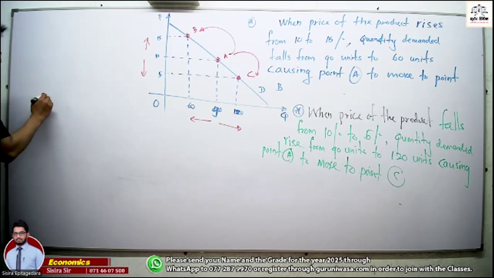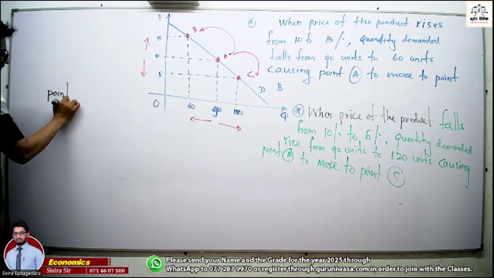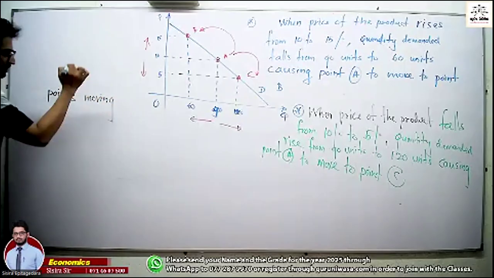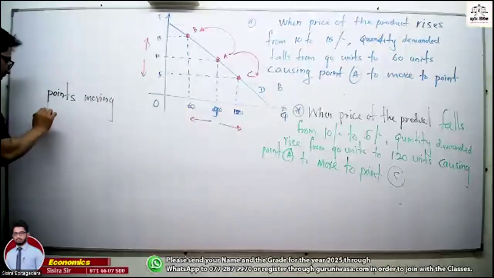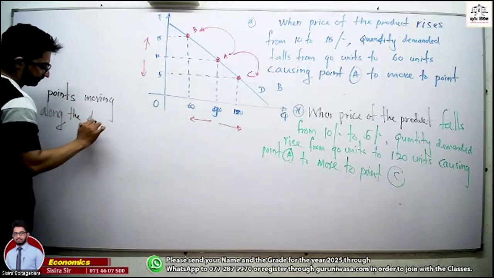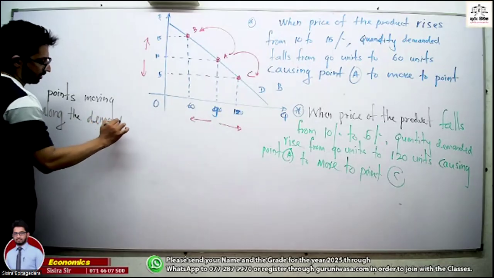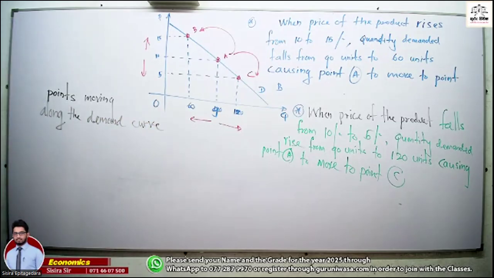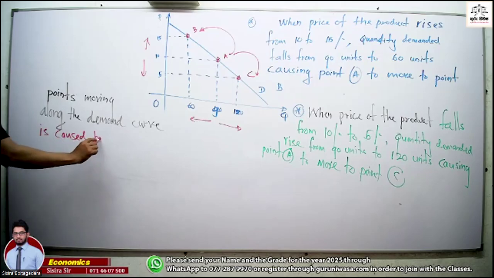Below the graph: points moving along the demand curve. This is a key point, a magical statement. Points moving along the demand curve is caused by, what is the reason?